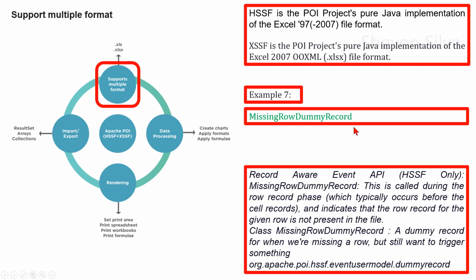The class MissingRowDummyRecord is a dummy record for when we are missing a row but still want to trigger something. This is in the package org.apache.poi.hssf.eventusermodel.dummyrecord. The other two dummy records are MissingCellDummyRecord and LastCellOfRowDummyRecord.